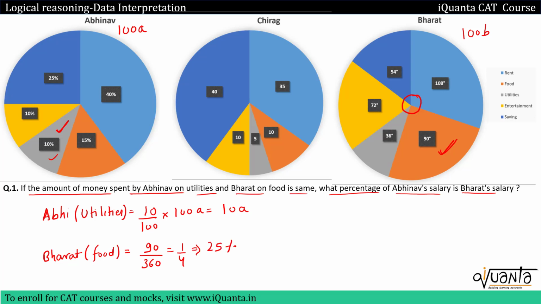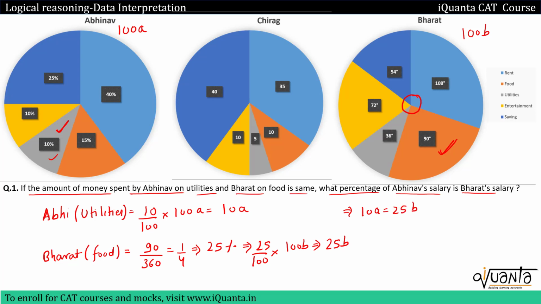So we can say that Bharat is spending 25% on food. So 25% of total, that means 100B. This is his expenditure on food. So this will give us 25B. So both these quantities are same. 10A is equal to 25B.